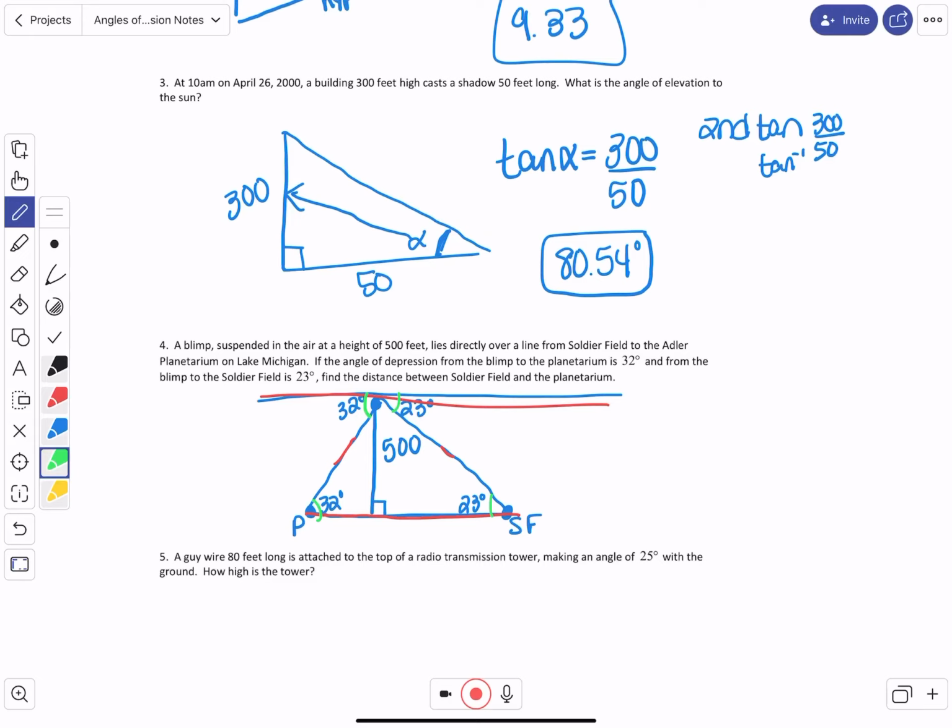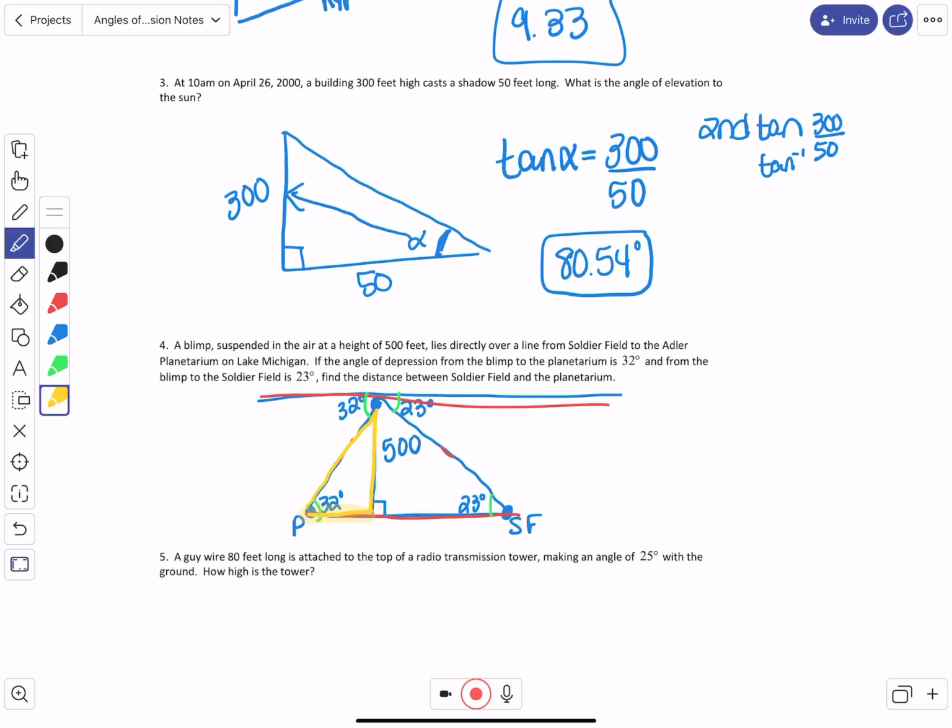So back to dealing with the triangle, okay? You've got the 32 degrees. Now, what we're going to do is deal with this triangle first, and then we're going to find this side right here, okay? Because we're going to use the 32 degrees.